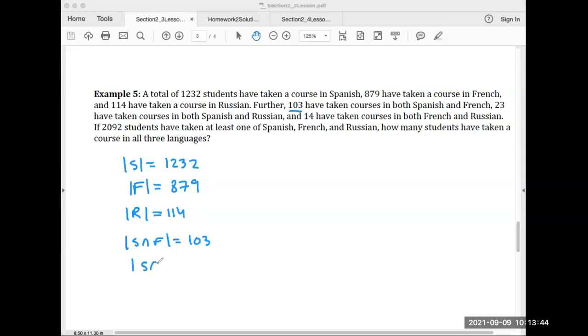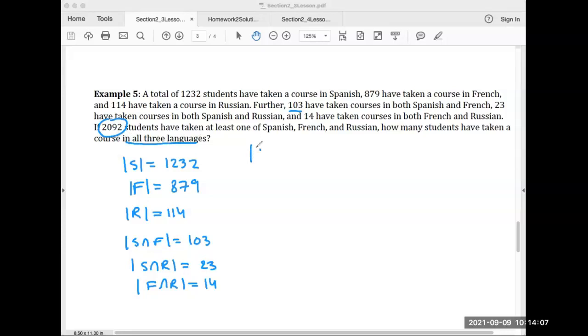Spanish and Russian is 23. And French and Russian is 14. If 2,092 students have taken at least one of Spanish, French, and Russian, how many students have taken all 3 languages?